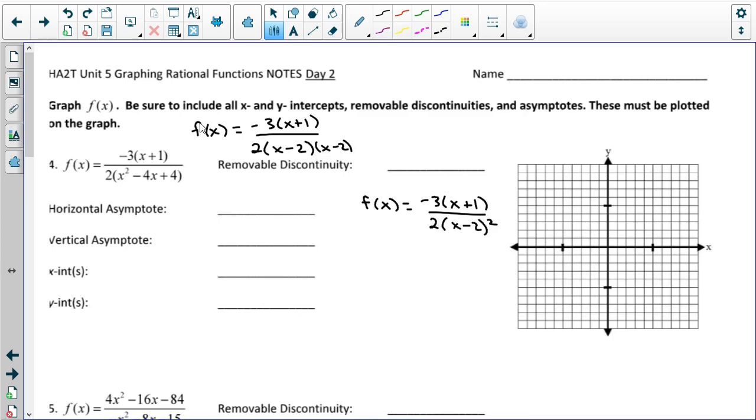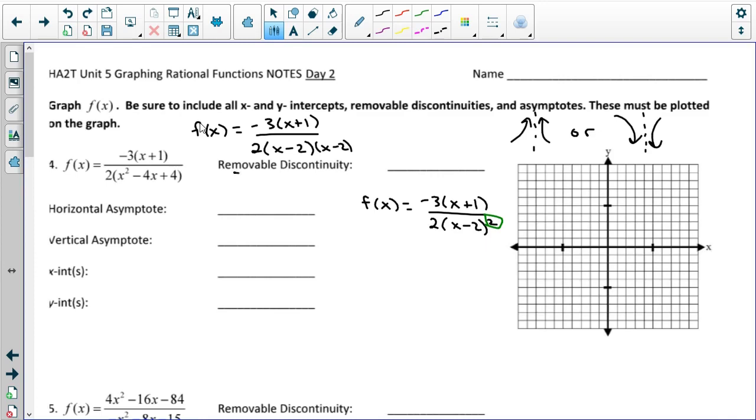Now, we've been talking about this. So that squared means that as I approach the vertical asymptote, my function is going to either go up in both directions as I approach the vertical asymptote, or it's going to go down from both sides as I approach the vertical asymptote. So that's what this squared ends up meaning.